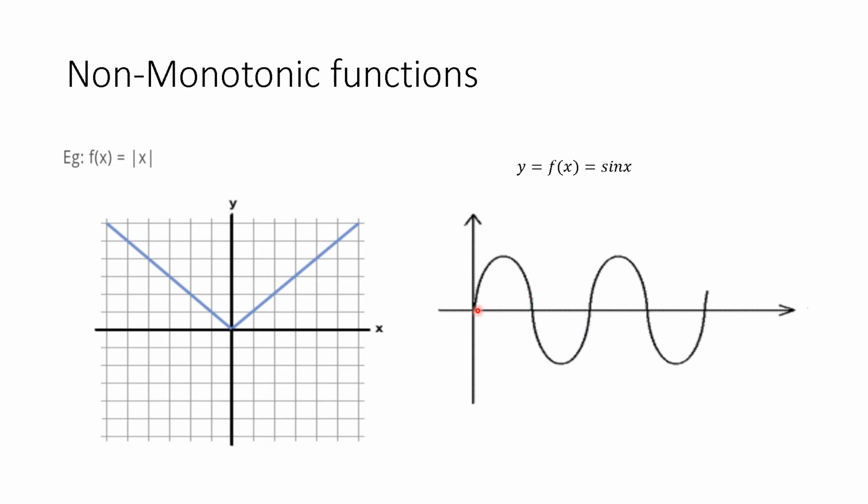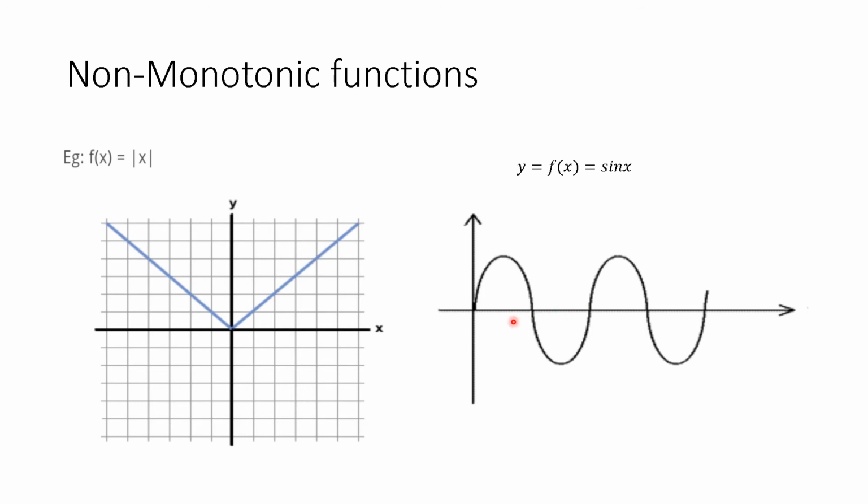In the interval 0 to pi by 2, our function is increasing, and pi by 2 to 3 pi by 2, our function is decreasing, and again 3 pi by 2 to 2 pi, it is increasing, isn't it?